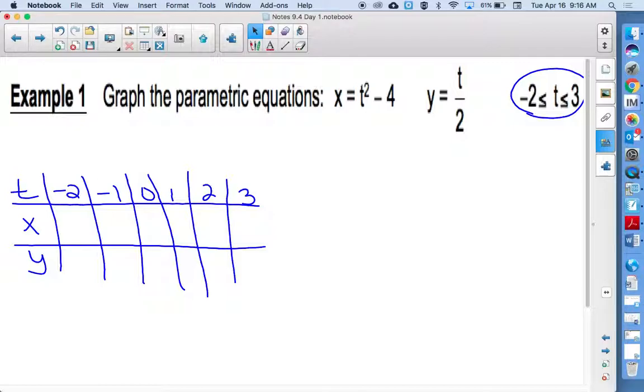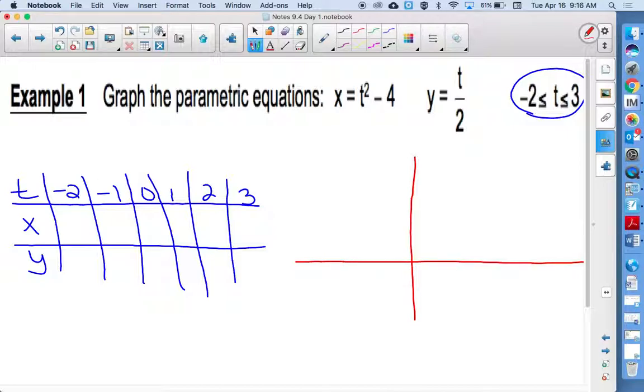So fill out the table of values here, and then we'll see if we can graph this, trying to figure out what's going on with the graph.